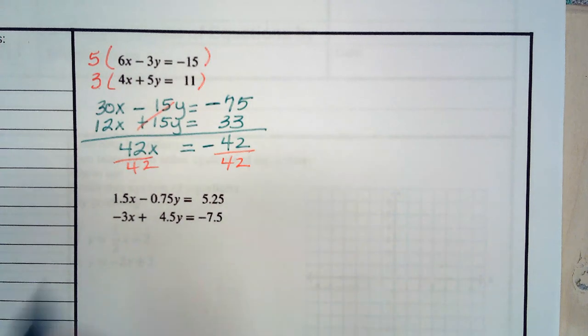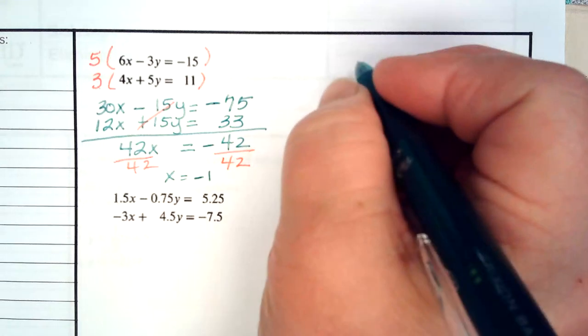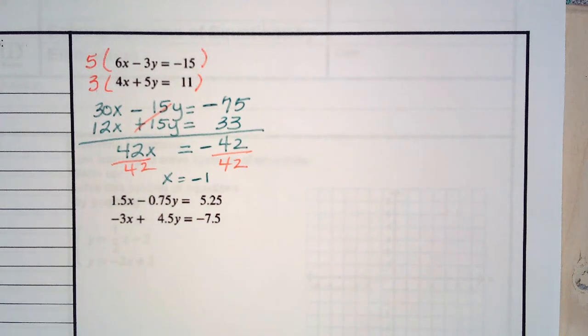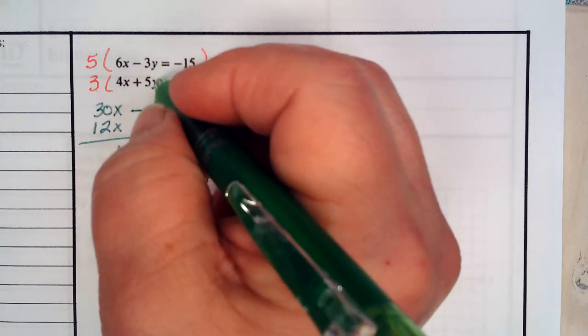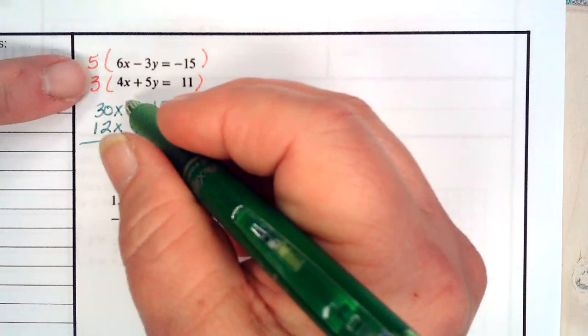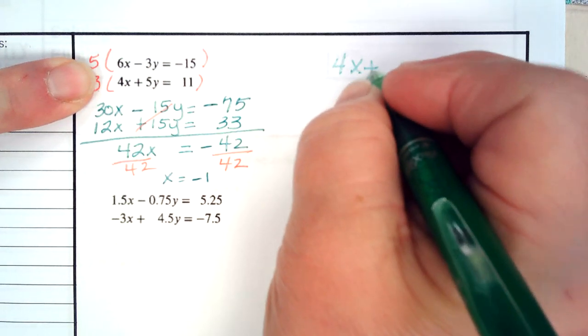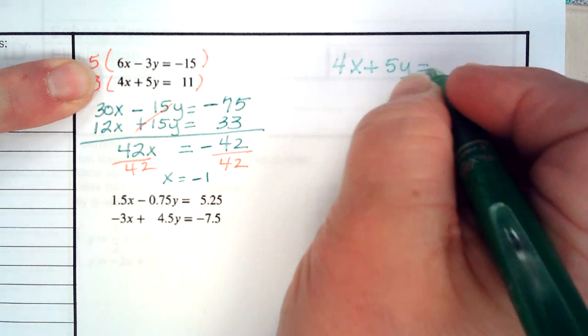And x is equal to negative 1. I know what x is, now I have to find y. Which one of these am I going to use? I actually think I'll use the second one here, which is 4x plus 5y is equal to 11.